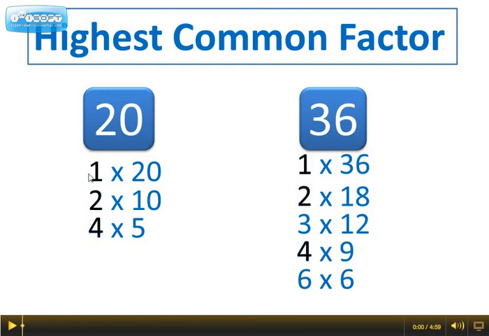So we would say that these black numbers here are all the common factors, but the question will always ask us for the highest one, which in this case is 4. It will never ever ask for the lowest one because it will always be 1. So when we're talking about factors, it is always the highest.